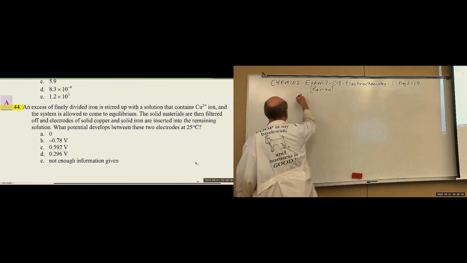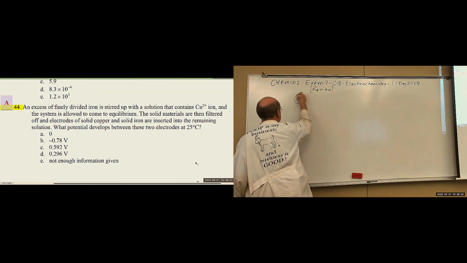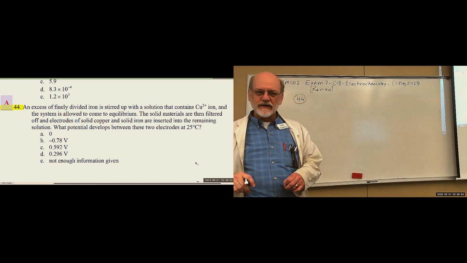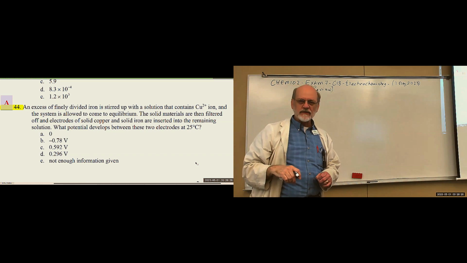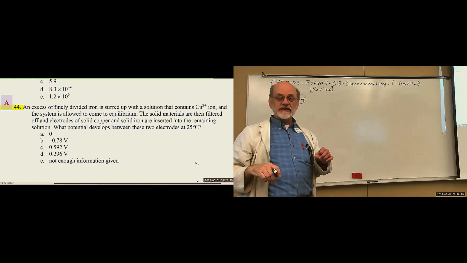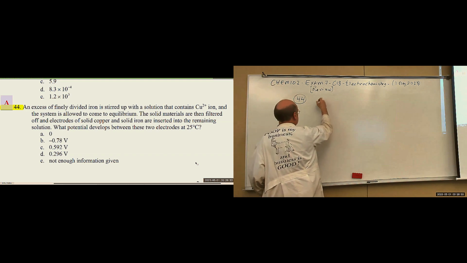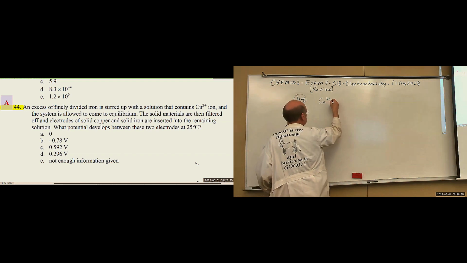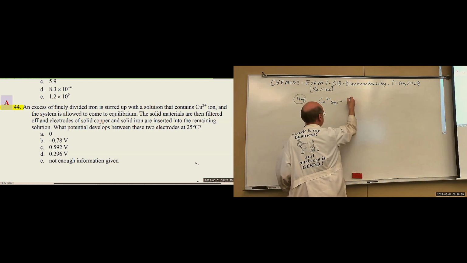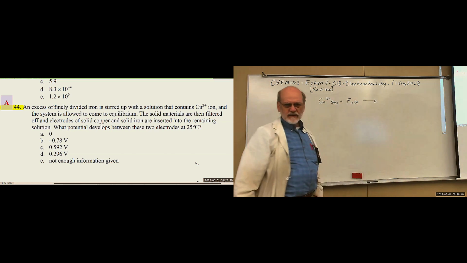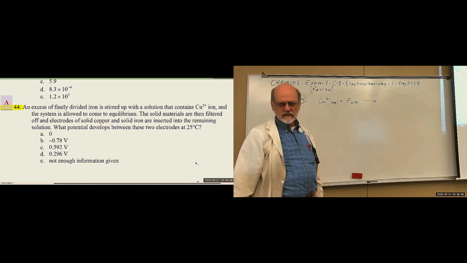Okay, 44. An excess of finely divided iron is stirred up with a solution that contains copper 2 plus ion, and the system is allowed to come to equilibrium. And so we've got copper 2 plus aqueous, and we're putting iron in it, solid, and it's allowed to come to equilibrium.